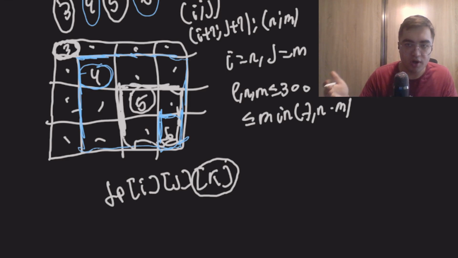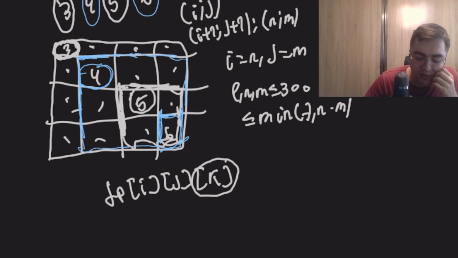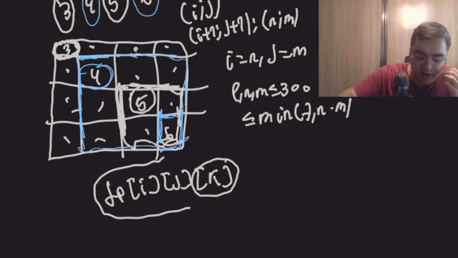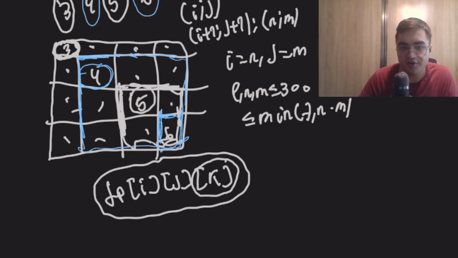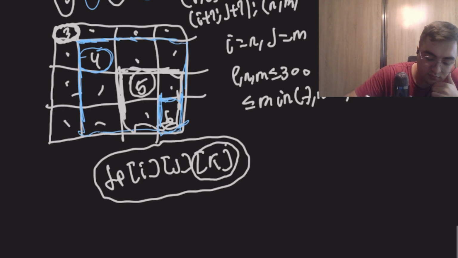Instead of from 1, 1 to nm. So this is true if the first player can start from these conditions and win, and it's false if the first player will lose.